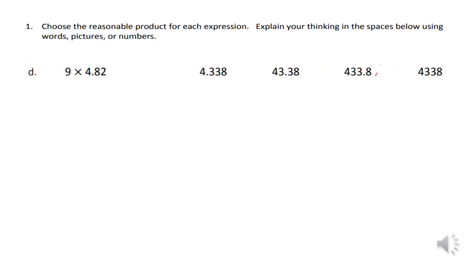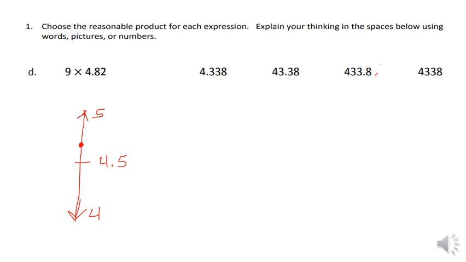Let's try this again on D this time. This time it says 9 times 4 and 82 hundredths. Once again, if I do my rounding line, I want to go to the nearest ones place, so I know it's between 4 and 5. And I know right between 4 and 5 is 4 and 5/10. I have 4 and 8/10, so I know 4 and 8/10 is going to be here.